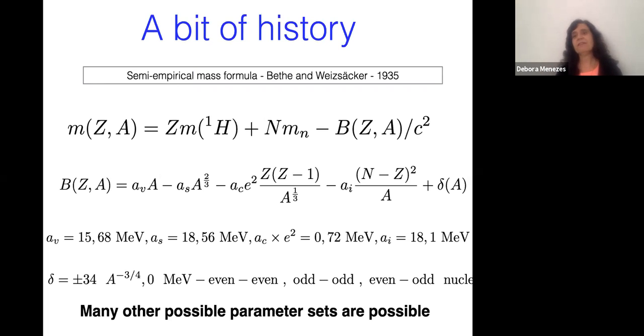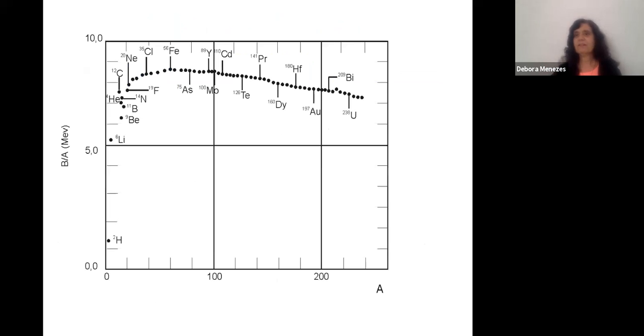Actually, what it says is that if we join Z protons plus N neutrons and look at the mass, this is larger than the mass of a nucleus formed by Z protons and N neutrons, because some of the mass is transformed into binding energy. So this expression says that the mass of the nucleus is simply the sum of the masses of the constituents, the nucleons, minus the binding energy. And the binding energy is fitted to adjust this curve.